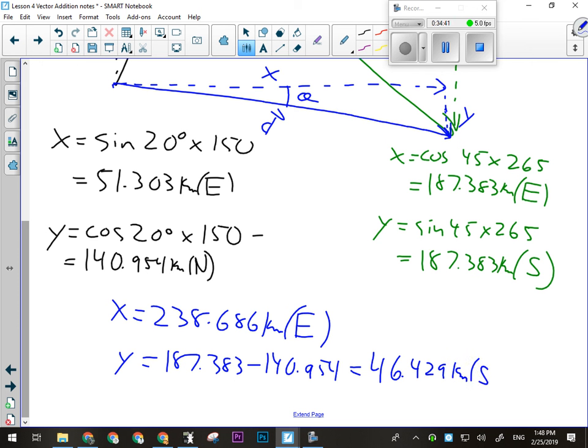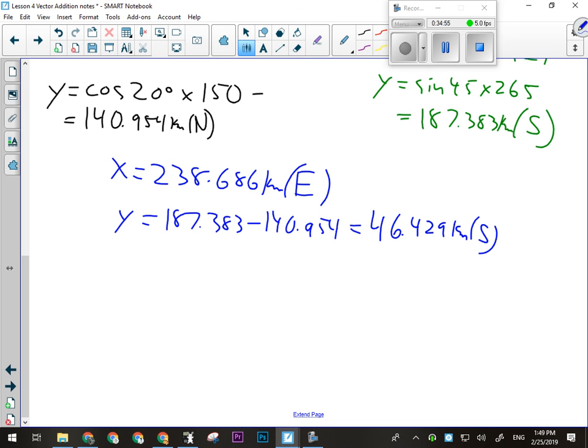Now that I have those numbers, I can figure out what my overall displacement is using Pythagorean theorem, same as before, and I can find theta using trigonometry. I'll probably use tan, y over x, opposite over adjacent for me. If you drew the triangle the other way, then it's reversed. So the overall displacement will be that 238 squared, obviously with all the decimals in it, plus the 46 squared.